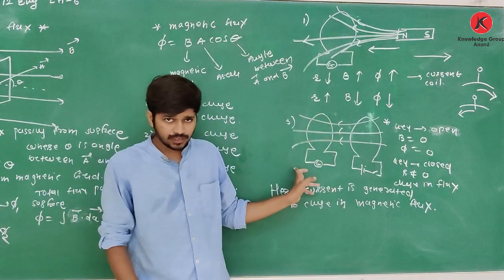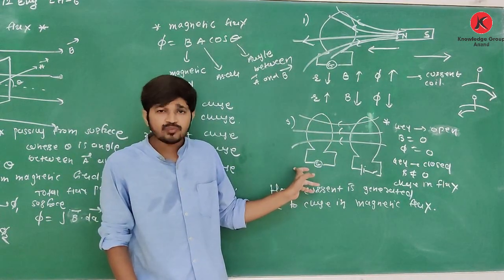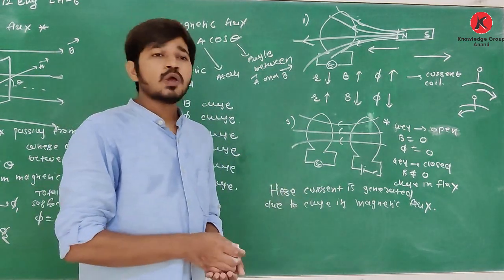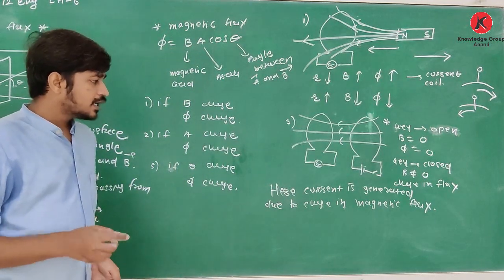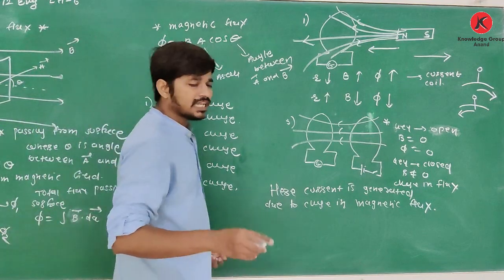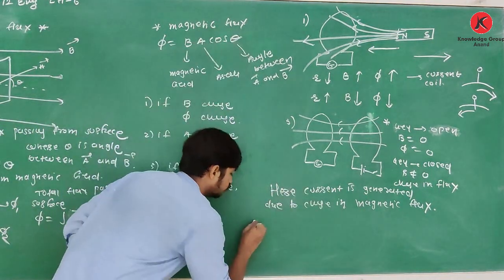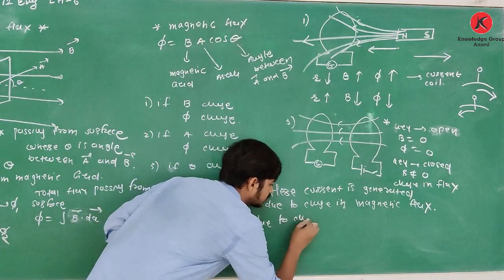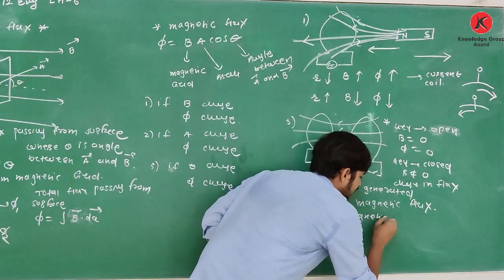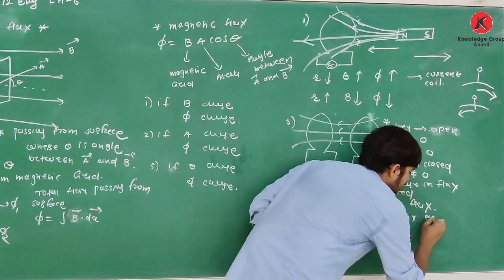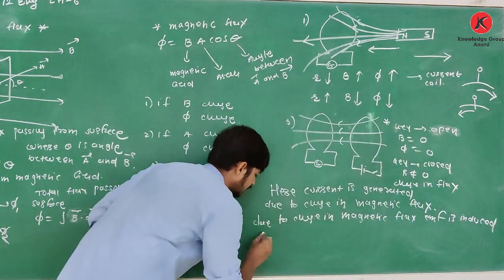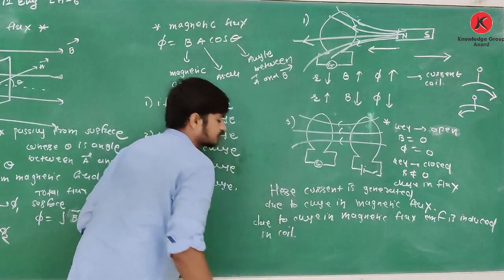Yes, the galvanometer shows some deflection. It means current is flowing, but for current to flow, for charge to move, we need some electromotive force, that is EMF. So here, due to change in magnetic flux, EMF is induced in the coil.